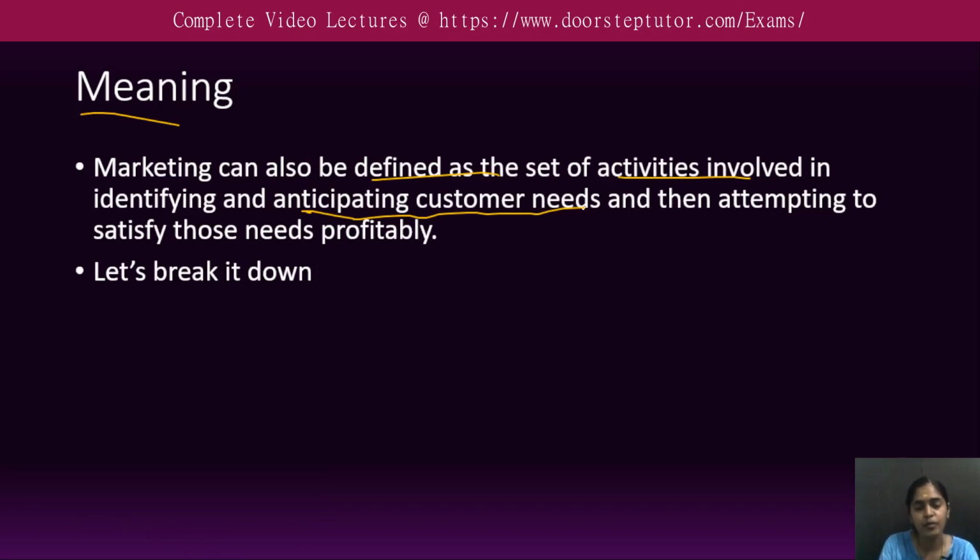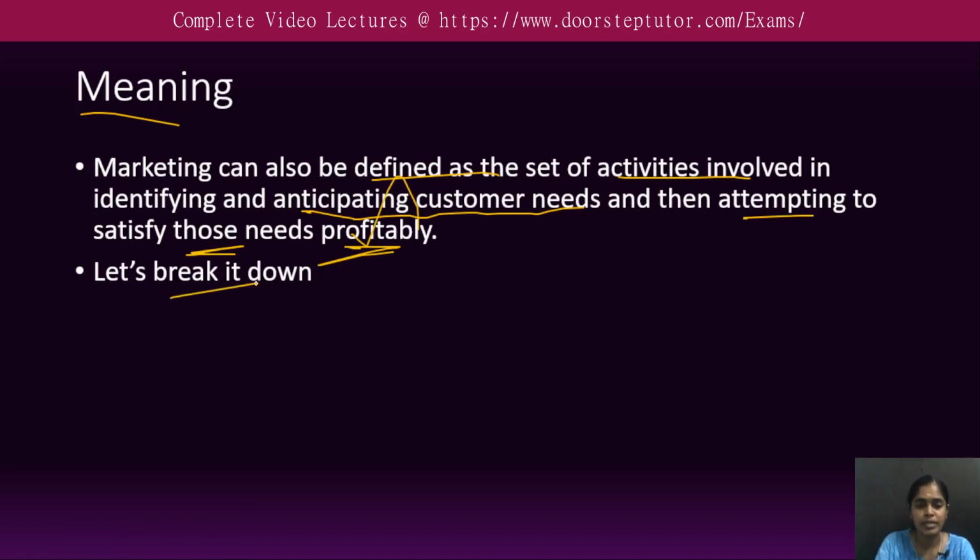So you have to anticipate the customer's needs in the first place before starting the production. So marketing is a process that takes place even before the production. This is very important, and we have to attempt to satisfy those needs profitably. Each and every business is based on profitability.